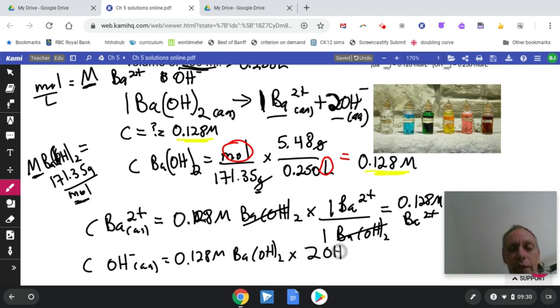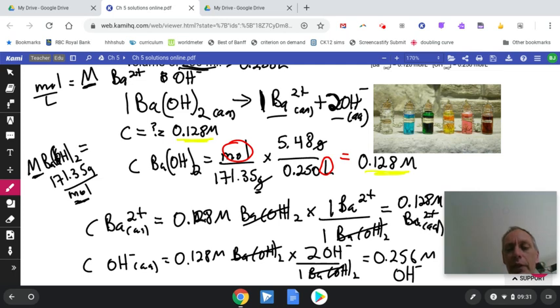It's 2 hydroxides for every 1 Ba(OH)2. Cancel those out. 0.128 times 2 is 0.256 molar hydroxide ions. And I should clean these up and put aqueous in there.